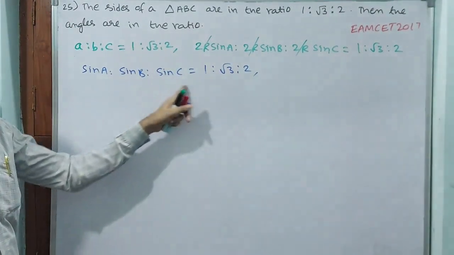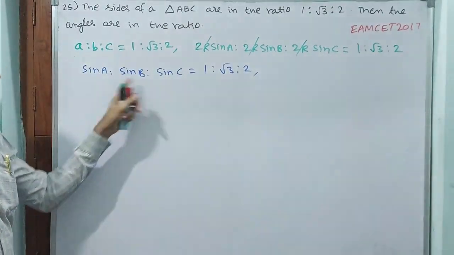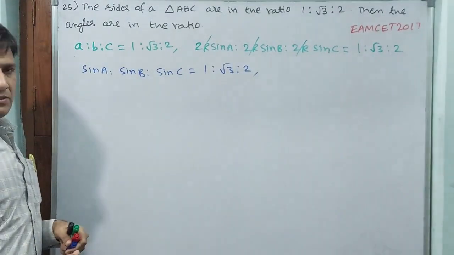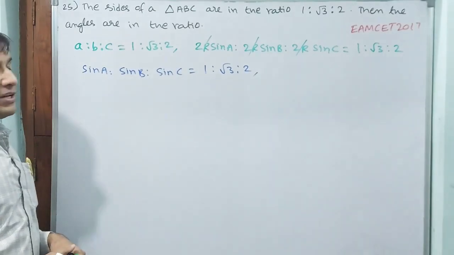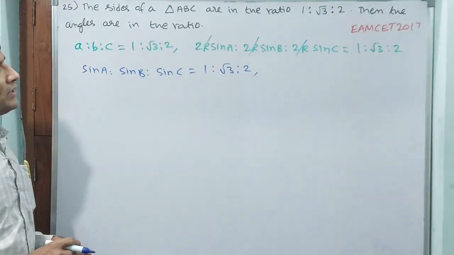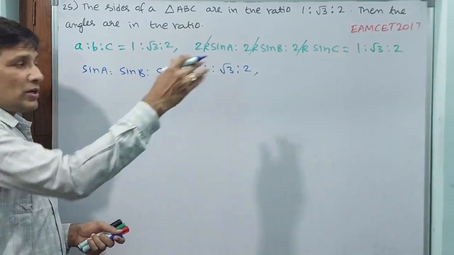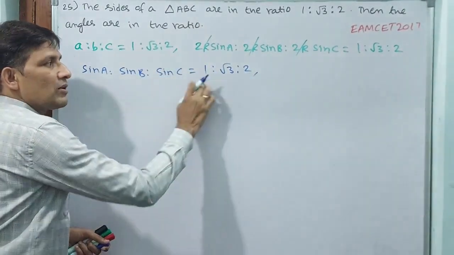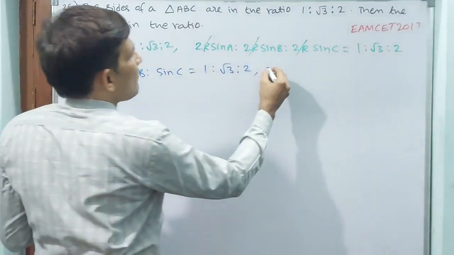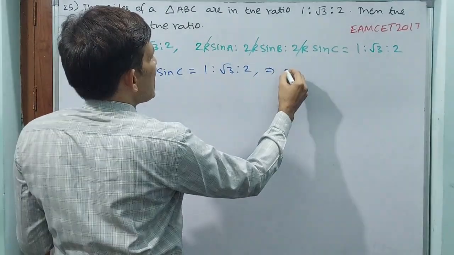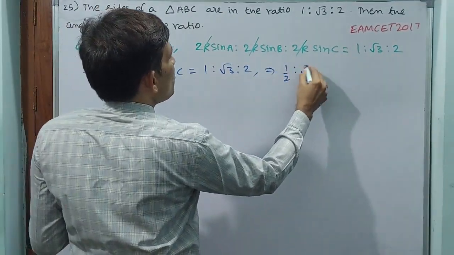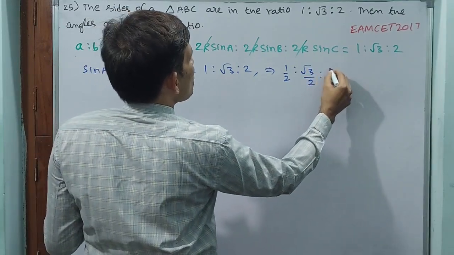Why? Because I want to get sine angles. Root 3 is not there in sine, that we know. That is why I am going to divide with 2. If you want to divide with 2, you have to divide all these 3. See how I am doing. It implies 1 by 2 is to root 3 by 2 is to 2 by 2.